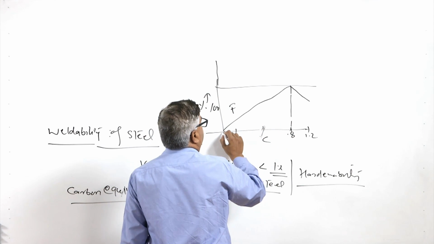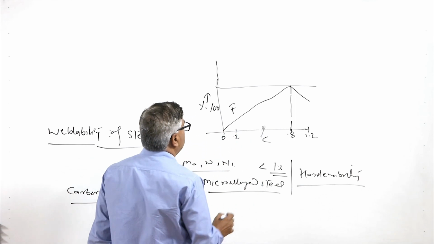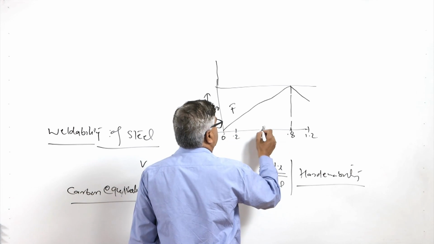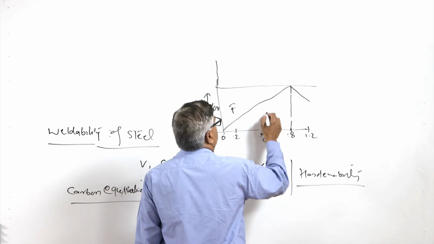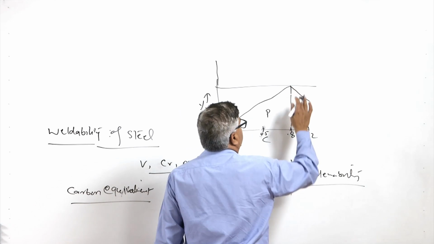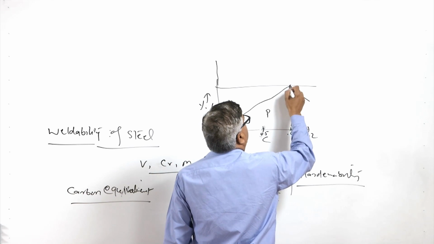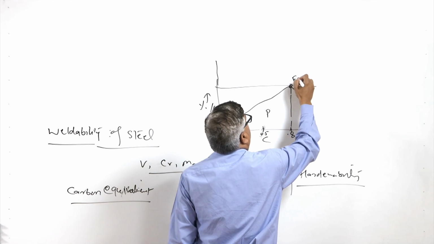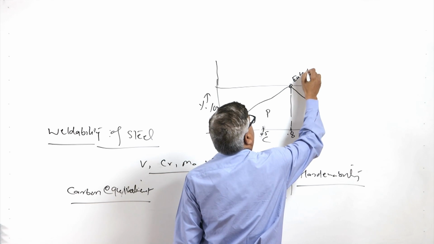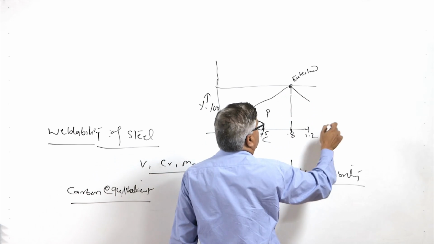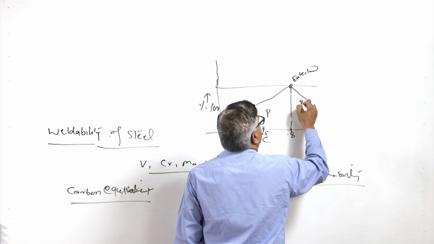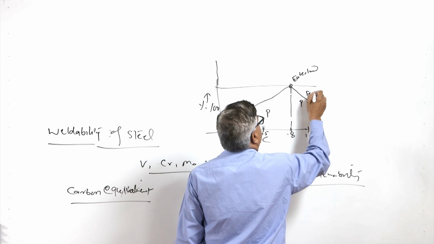With the increase in carbon content, say here 0.5, the ferrite percentage will keep on decreasing, and then at 0.8, that is the eutectoid point, we have 100% pearlite, and a further increase in carbon content results in ferrite plus cementite.